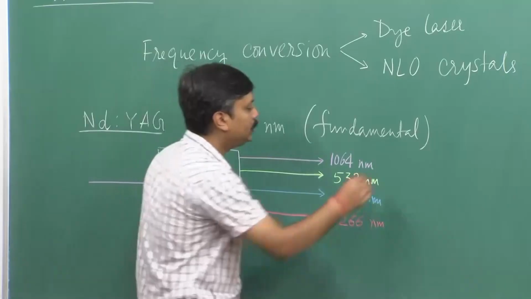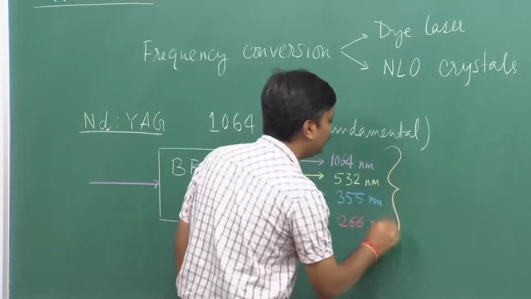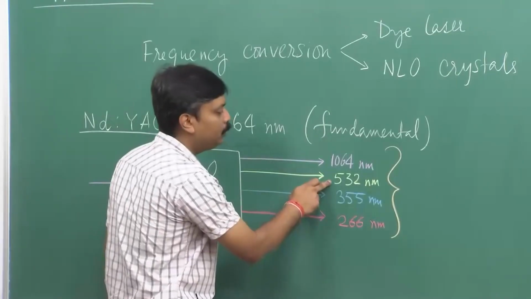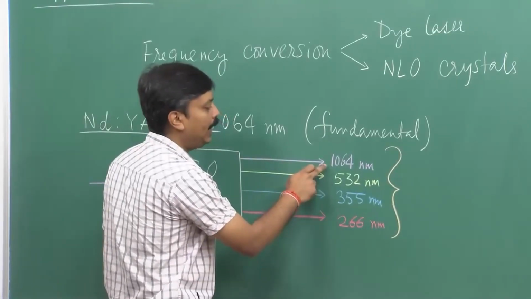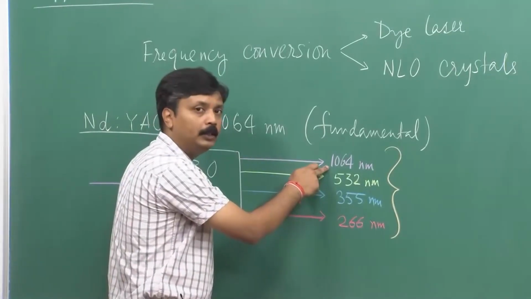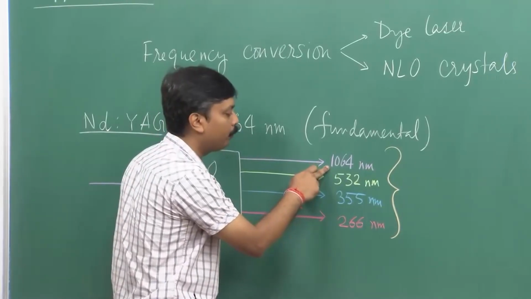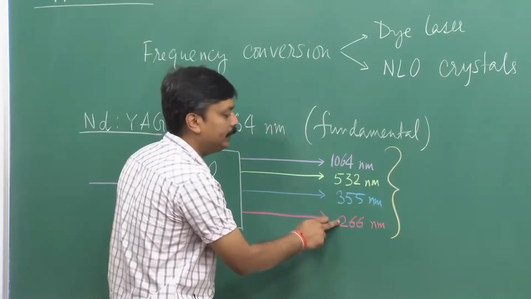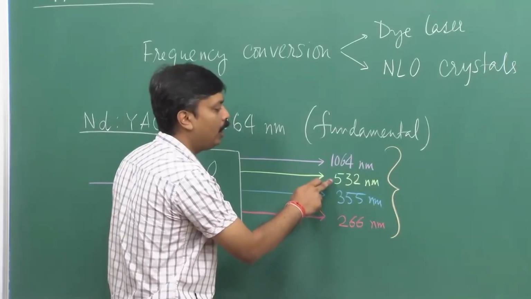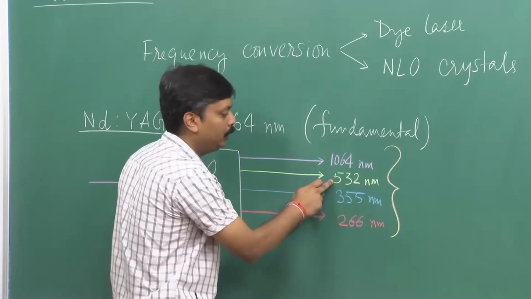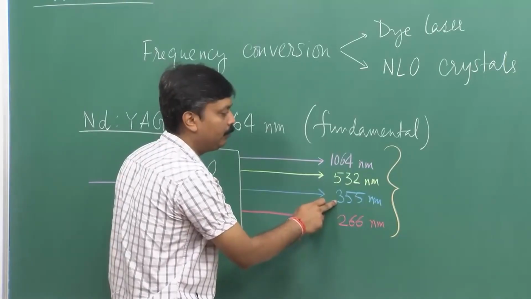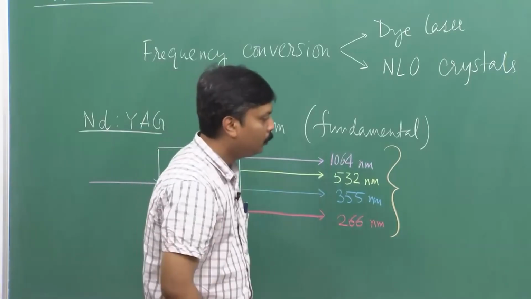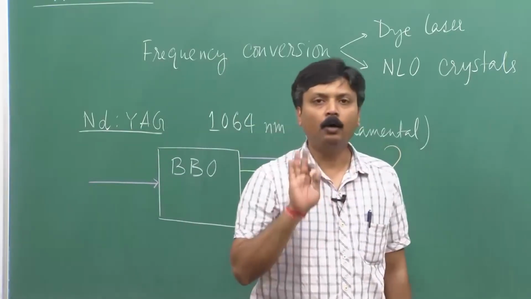This conversion is not arbitrary. You can see that 532 nanometer is exactly half of 1064. 266 nanometer is half of 532. 355 is roughly one third of 1064. So these are not at all arbitrary.